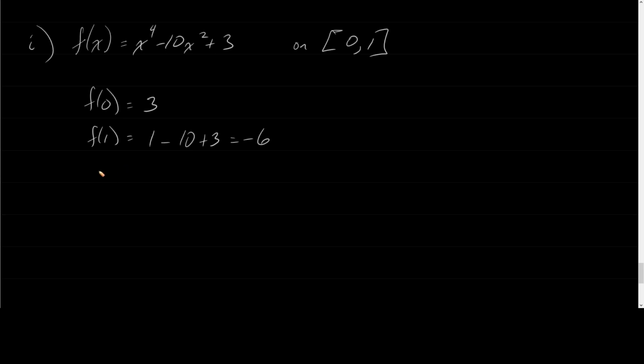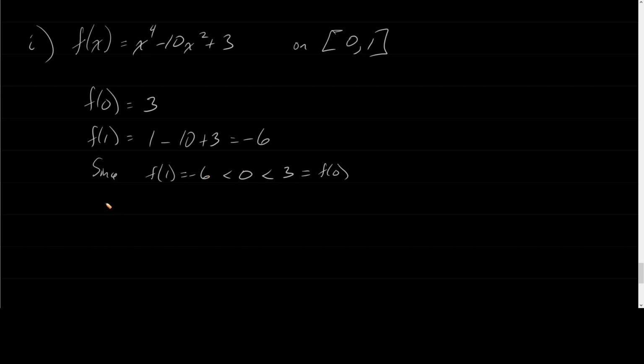So since f of 1, which is negative 6, is less than 0, and that's less than 3, which is f of 0, right? So negative 6 is less than 3, and 0 is in between them.